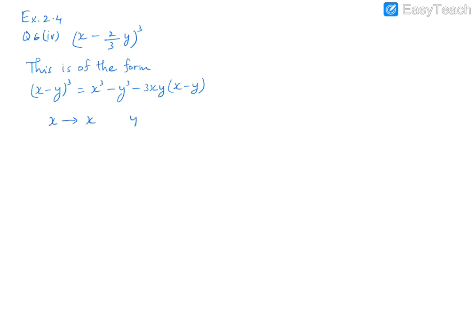Okay, so y is 2 by 3y, and we have the identity in the form of x minus y the whole cube, and the right hand side is x cubed minus y cubed minus 3xy into x minus y. So we just need to substitute and simplify. So it's x minus 2 by 3y the whole cube.